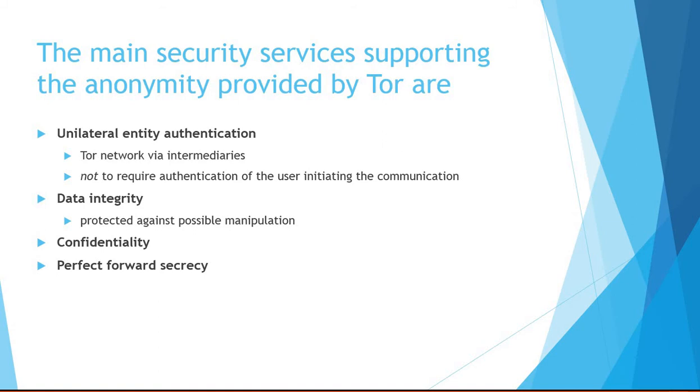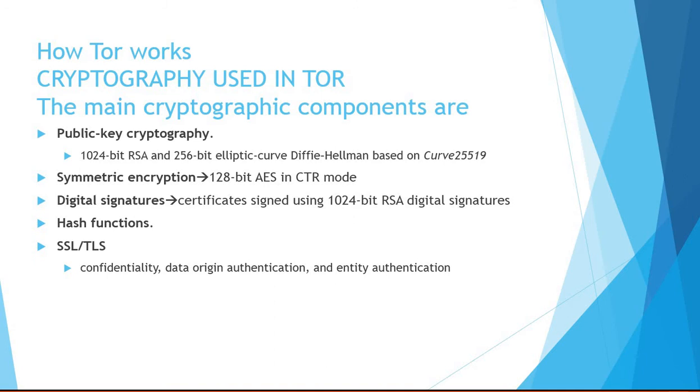So this has to be considered when anonymity is going to be provided by the Tor tool. Let's see how they provide it. The major cryptographic components provided by Tor, in support of cryptography, use public key cryptography.